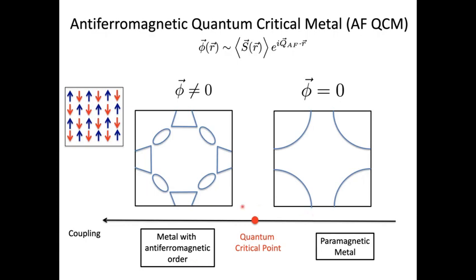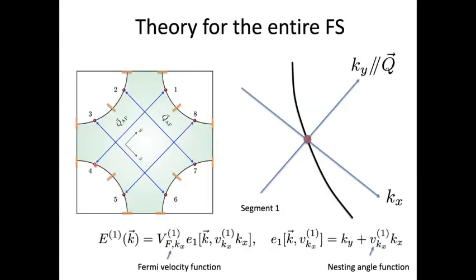Here I'm considering a second order phase transition within a metal that has a fourfold rotation symmetry into a collinear antiferromagnetic long-range order with, say, commensurate wave vector Q, and at the critical point, electrons that can be connected by this ordering vector are strongly coupled with these antiferromagnetic spin fluctuations.